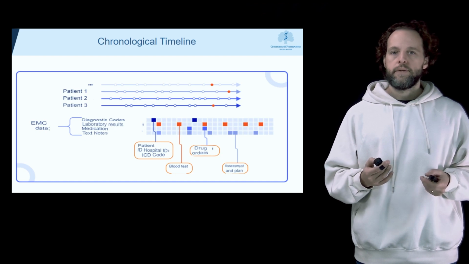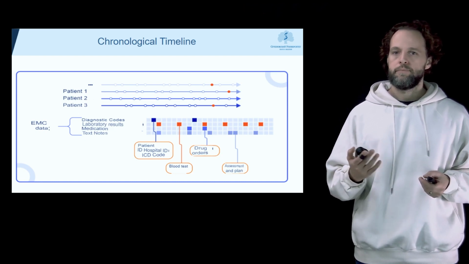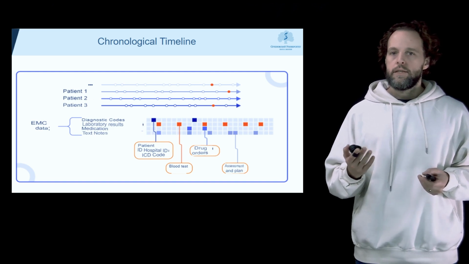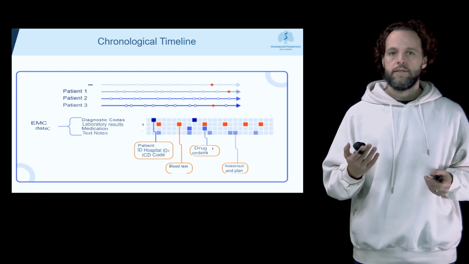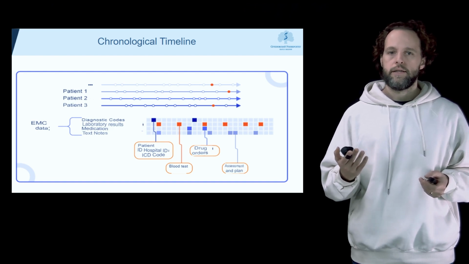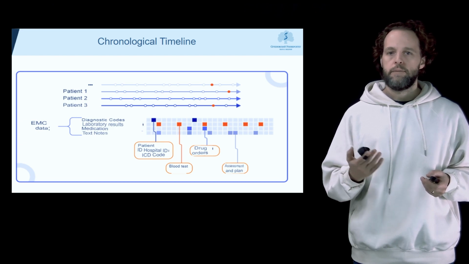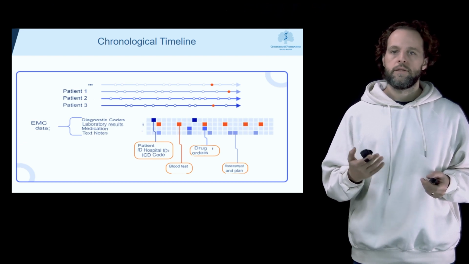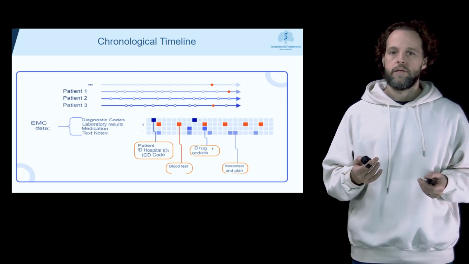Let's present the information in the form of a chronological scale of the patient. We start with data collected by the healthcare system, in this case the electronic health record, which include diagnostic codes, lab results, drug orders, and text notes written by doctors.